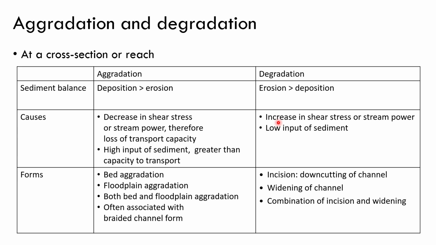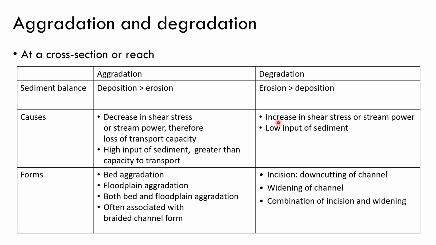And so, there's definitely some causes for this. So if we decrease our shear stress or stream power, and then we lose our transport capacity, we could get more input of sediment, and that's going to lead to not as much ability to transport that material. And so there's lots of different forms of aggradation that can happen. So we could get bed aggradation if we get things like a lot of sediment inputs.